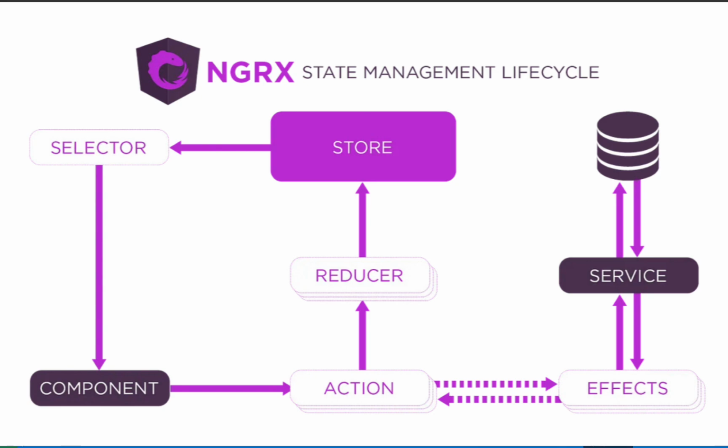Once the side effect is completed, we get either a success or an error, and then this effect will dispatch a new action based on whatever result we got. If it's a success from our API, then we will dispatch loadTasksSuccess, okay? Or if it's a failure, then we'll dispatch loadTasksFailure. Both actions can be dispatched accordingly, and based on that action, our reducer will update our state. Sounds easy, right?